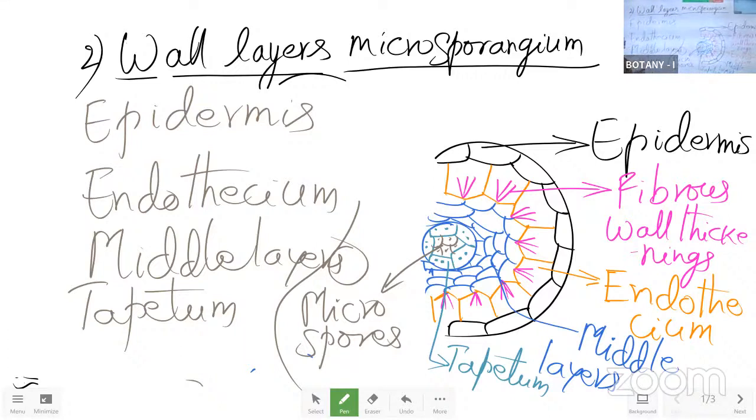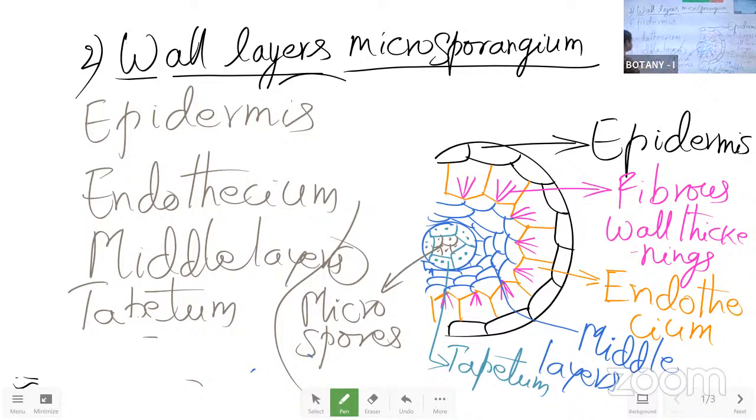After attaining maturity, once the microsporangium develops and expands, these middle layers are crushed between the endothecium and the tapetal layer and become a powder-like structure, which gives layer-like protection for the microspores that are going to be released from the microsporangium. The main function is to give nutrients and space for the further development of the microsporangium.